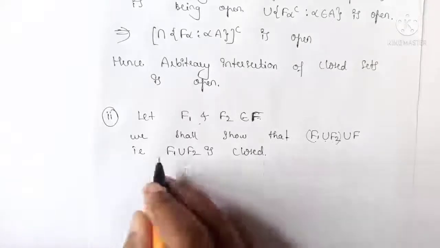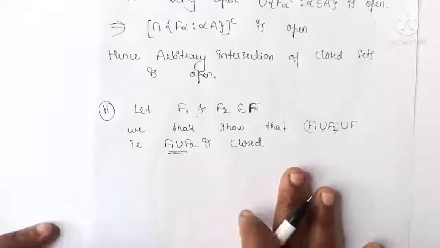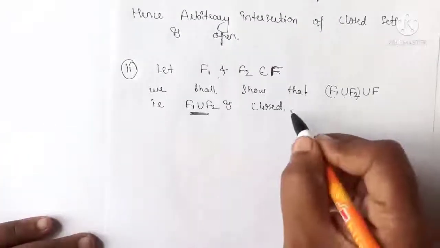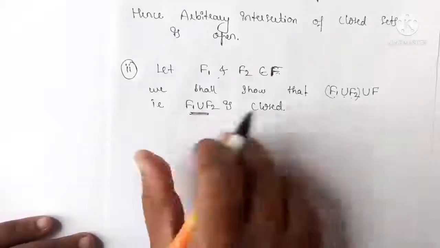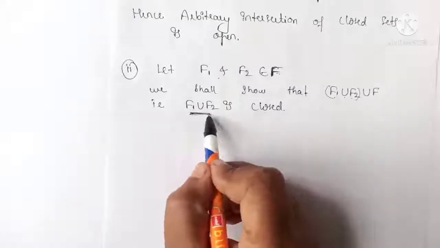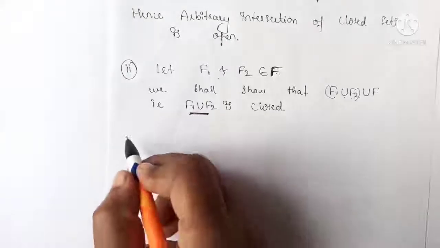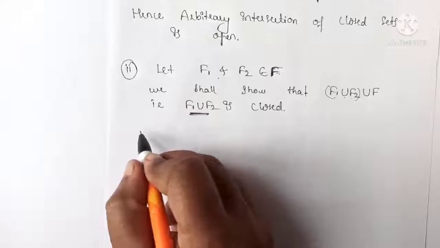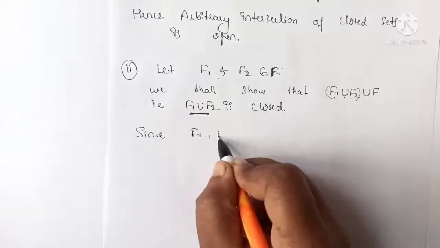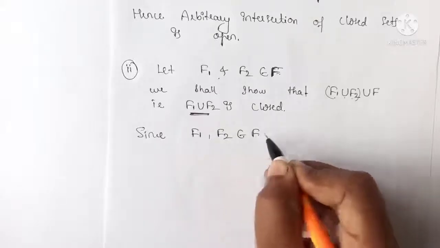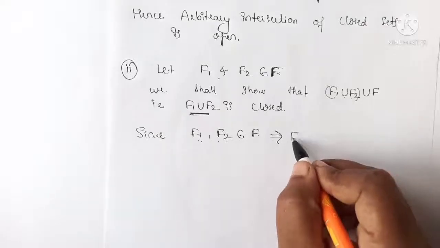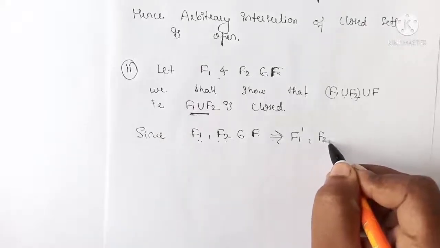For this we have to show that its complement is open. Since F1 and F2 belong to F, they are closed, so their complements are open.